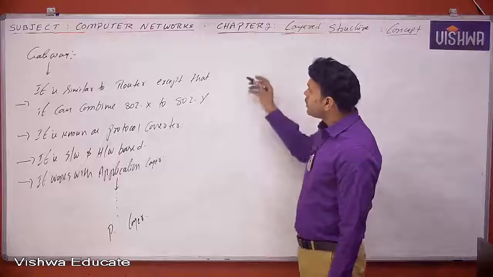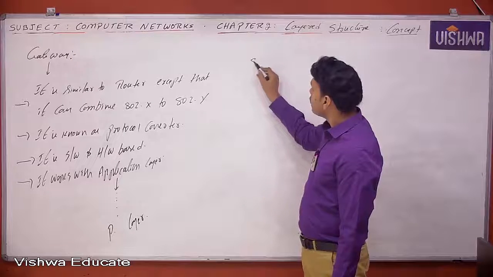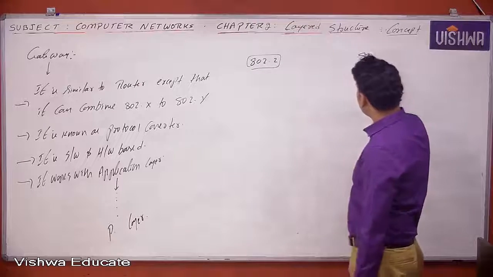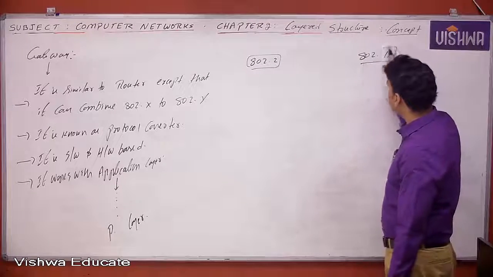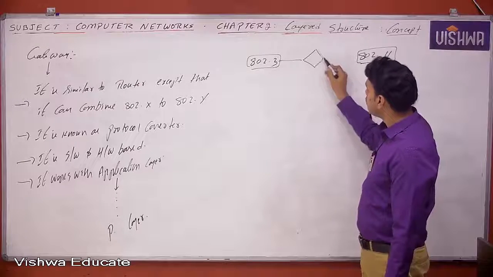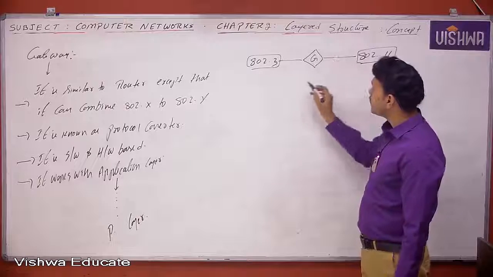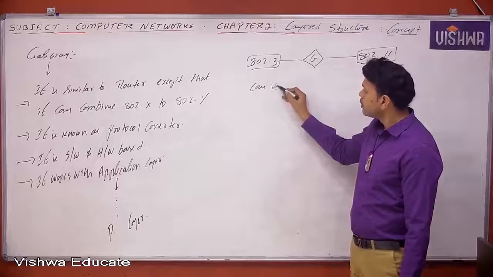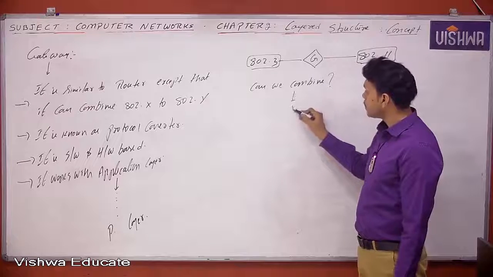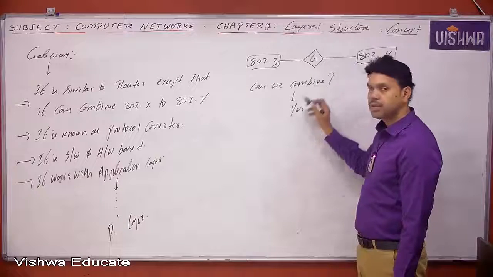So what is the idea? I have 802.2 and I want to go to 802.11. Can I combine those two using a gateway? Can we combine? The answer is yes, because we are using a gateway.